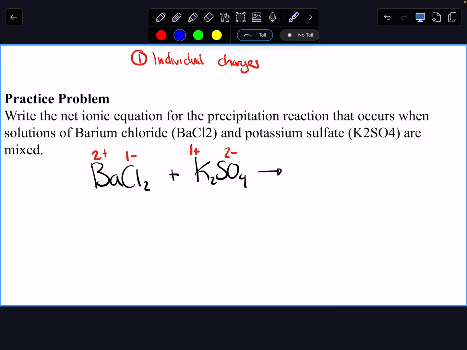Okay, step 2 I'm doing in blue. Step 2 is to trade partners and rebalance charges. Once again, I poured them together and the positive and negatives can find each other, but we have to rebalance the new charges, okay?